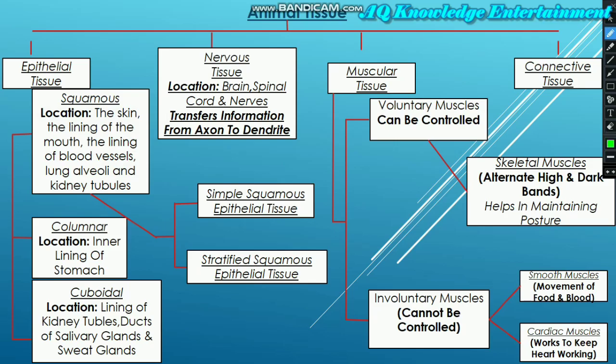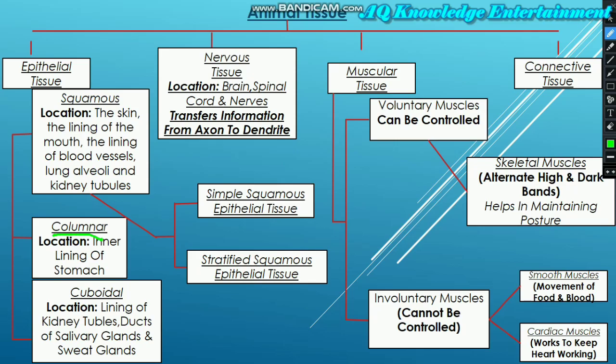Now the second type of epithelial tissue is the columnar tissue. Where absorption and secretion occur, as in the inner lining of the intestine, tall epithelial cells are present. Now what are these tall ones? You're exactly right. They are the columnar epithelial tissue.